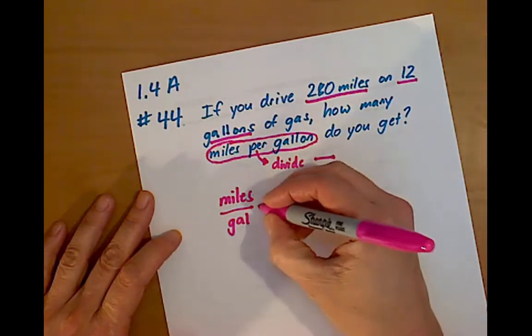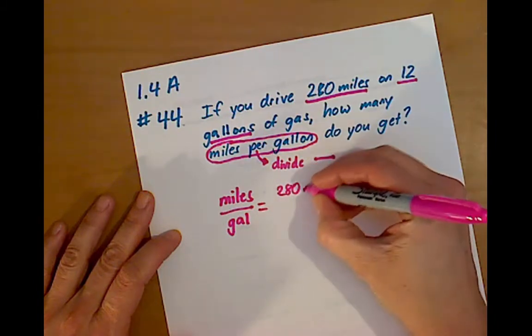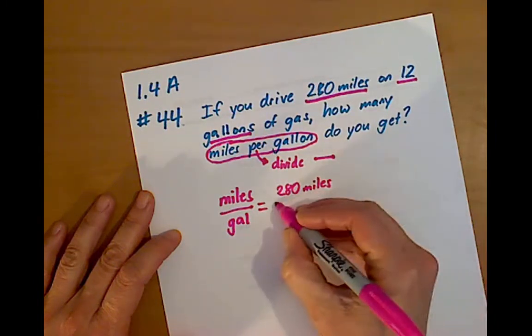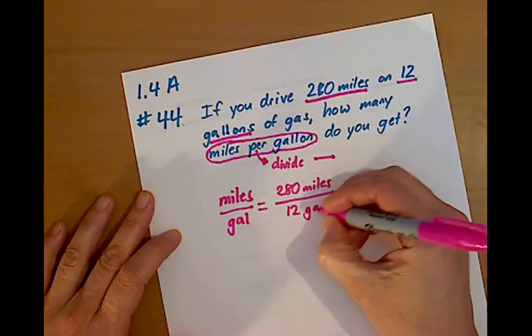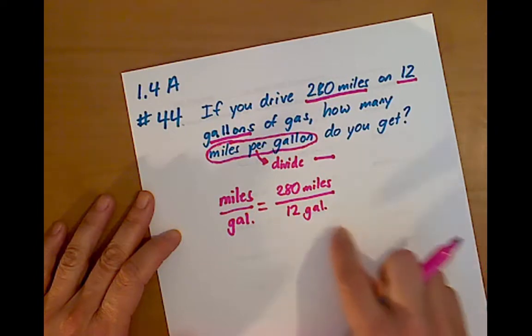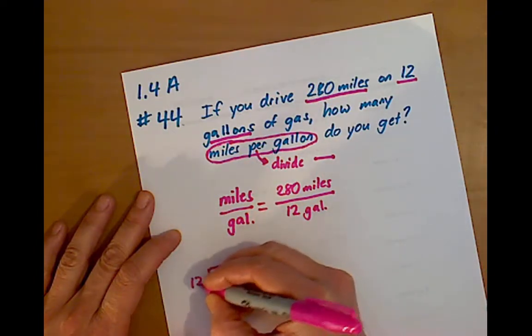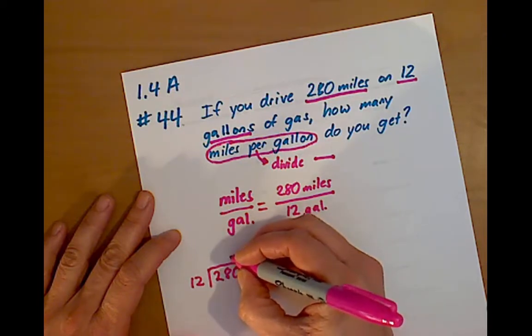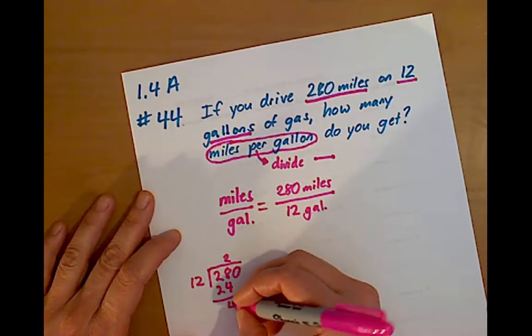So we have 280 miles, right? And we have 12 gallons. So we divide those, 280 divided by 12, that goes in 2 times. And we have 4 left over.